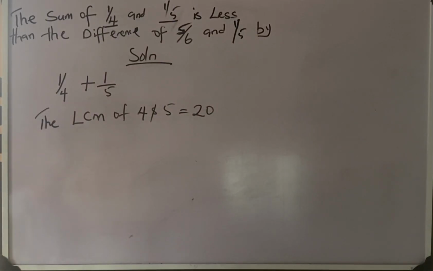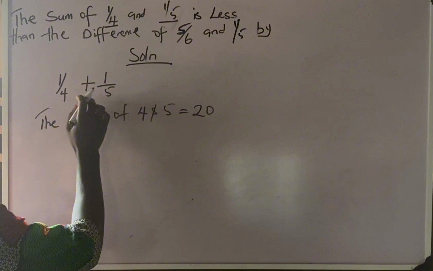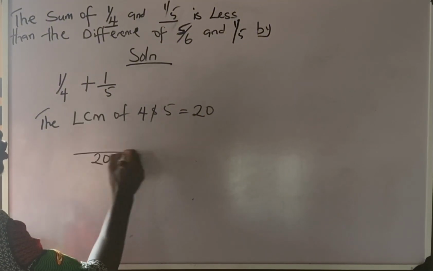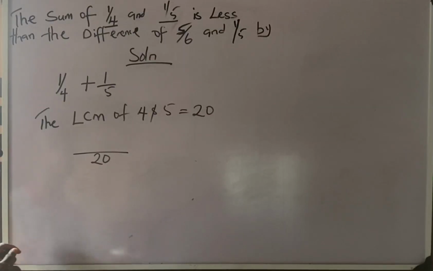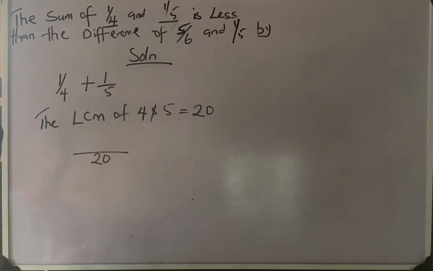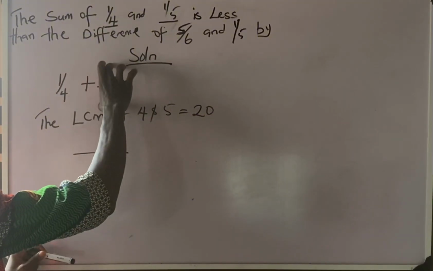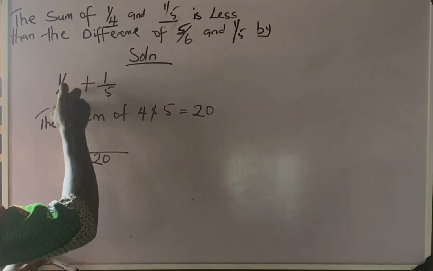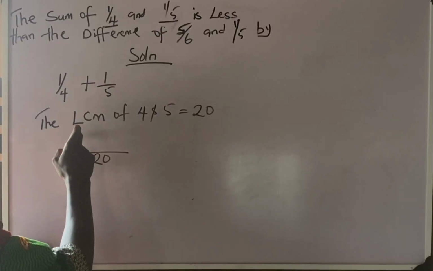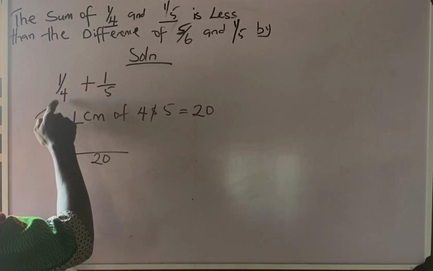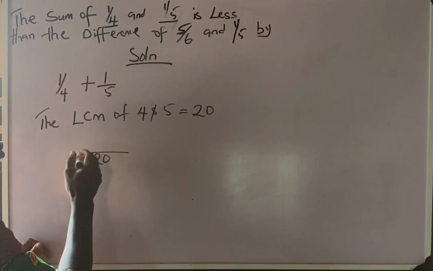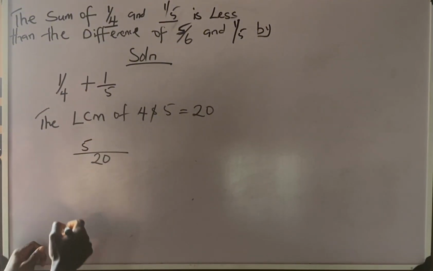After getting the LCM, it becomes the denominator of the new fraction, which is 20. So how do we get our numerator? We divide our LCM by each denominator and then multiply by the numerator. 20 divided by 4 gives us 5, and 5 times 1 gives us 5.